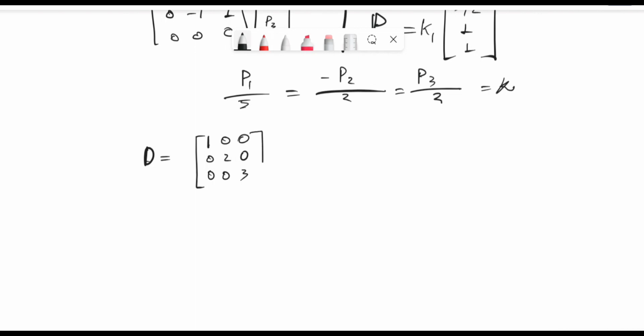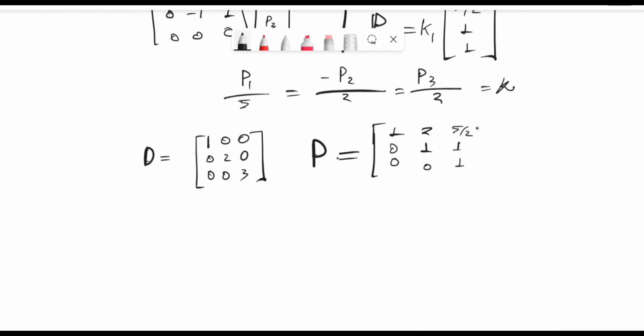This is not x, this is capital P. We have the eigenvectors, which are 1 0 0, 2 1 0, 5 by 2 1 1.